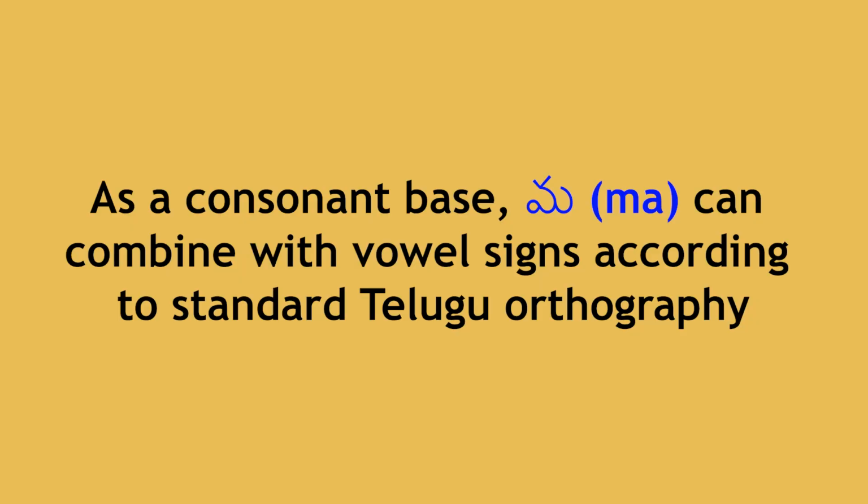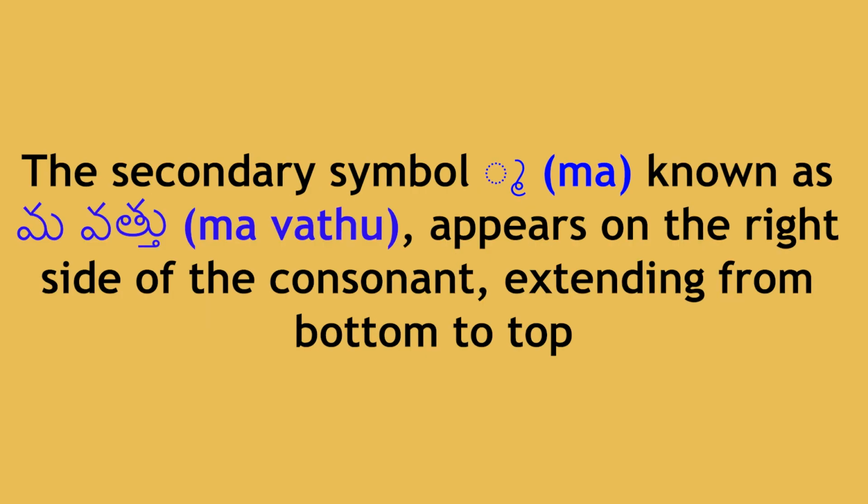As a consonant base, ma can combine with vowel signs according to standard Telugu orthography. The secondary symbol of ma, known as mavottu, appears on the right side of the consonant, extending from bottom to top.